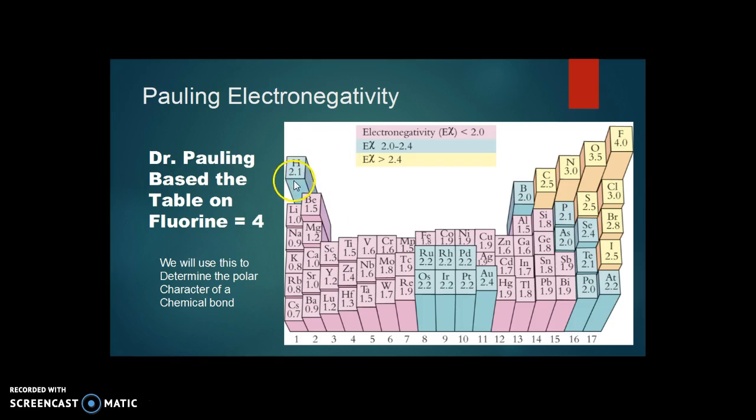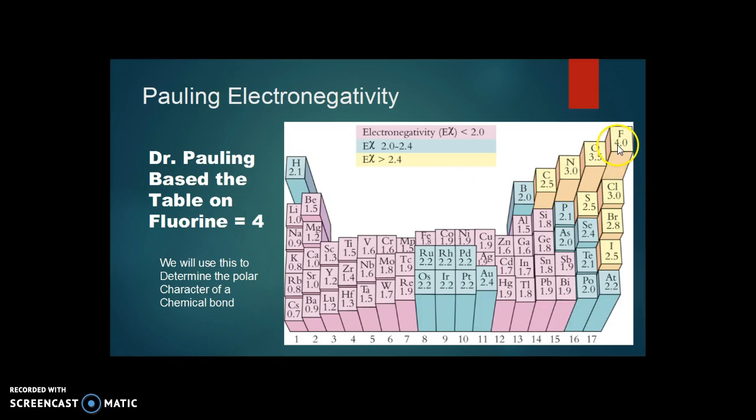Now, remember that hydrogen is not a metal, and so the fact that it has an electronegativity very close to that of boron and carbon is not surprising. Hydrogen does not tend to give away its electrons like the group 1 elements. It tends to share electrons with a nonmetal.